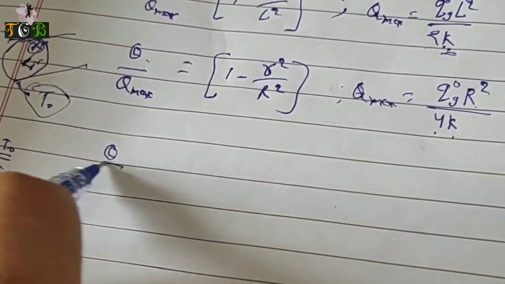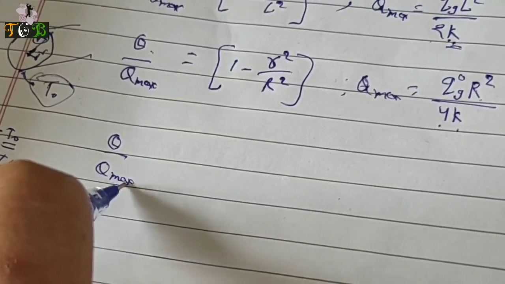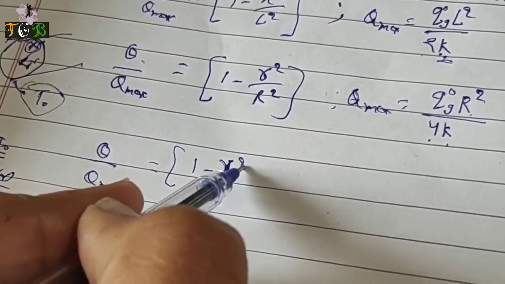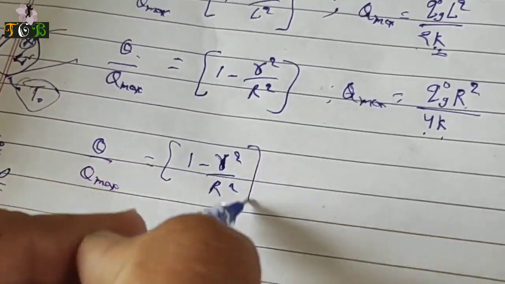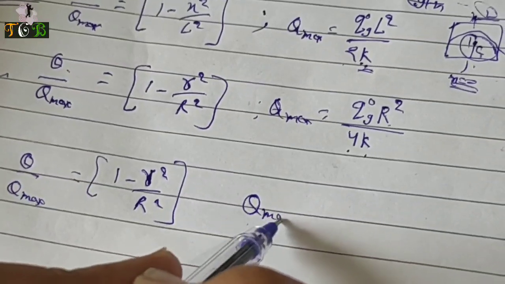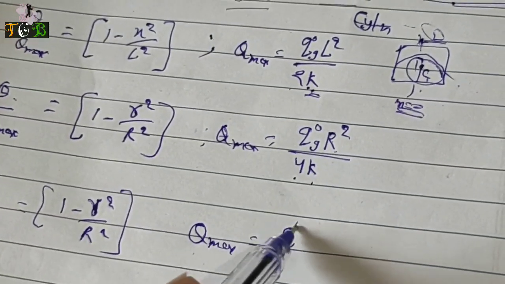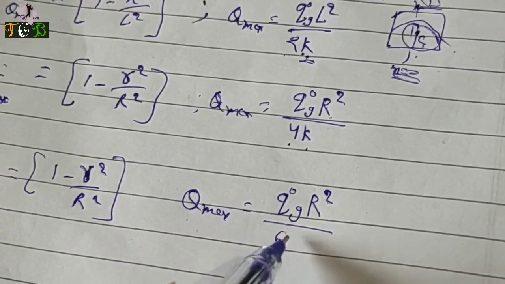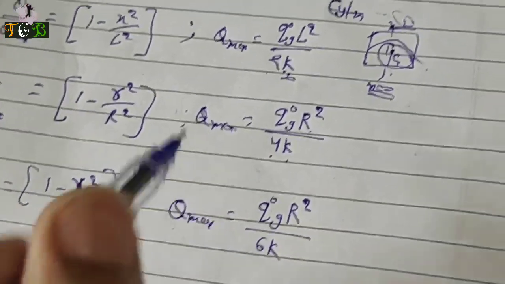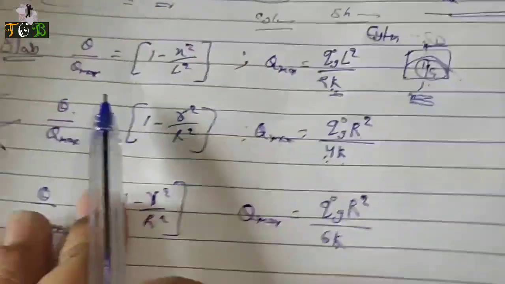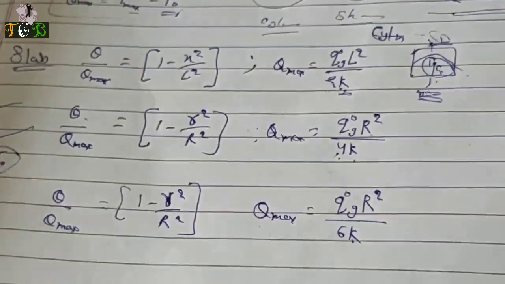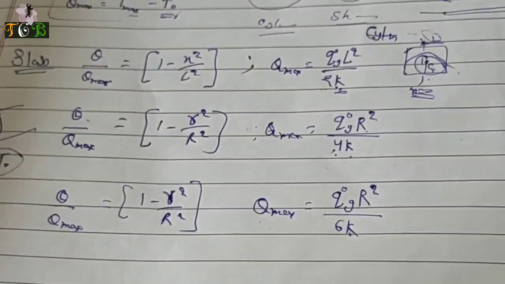For a sphere also, theta upon theta max equals 1 minus small r square divided by capital R square. And for theta max in this case it's going to be Q generation times capital R square divided by 6K. So 2K, 4K and 6K. These three formulas are very important and you should remember them, and they're easy to remember.